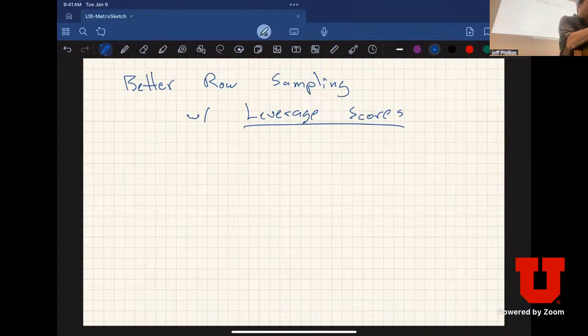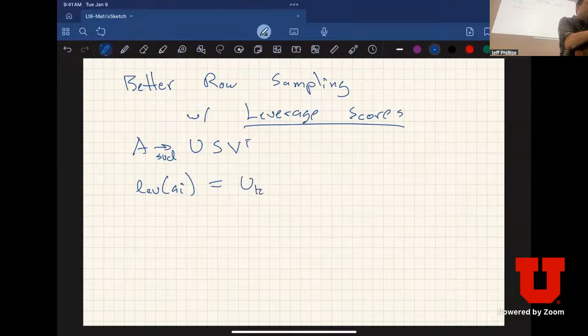So if I have A and I call the SVD to get U S V transpose, and I want the leverage score of the ith row of A, it's going to be based on U sub K, the ith row of this.